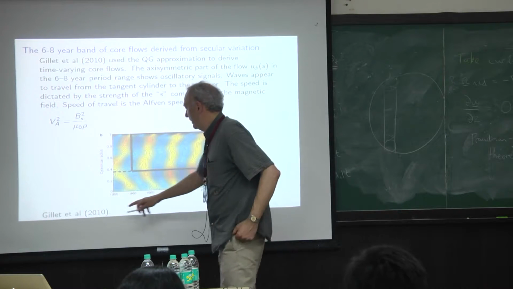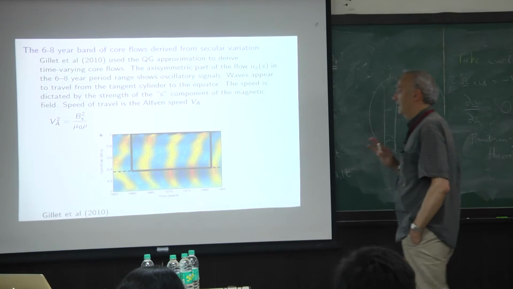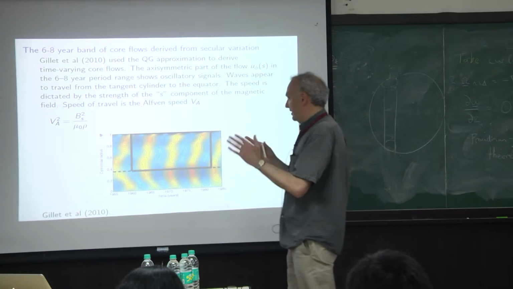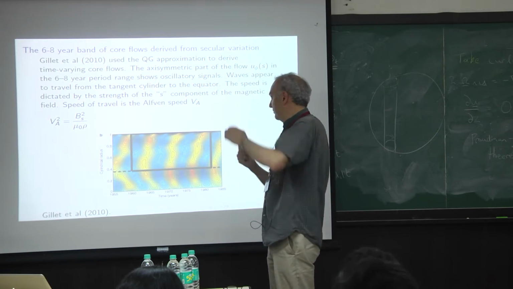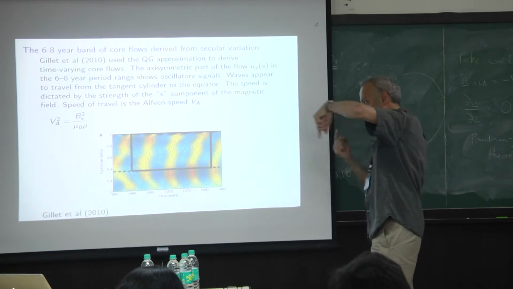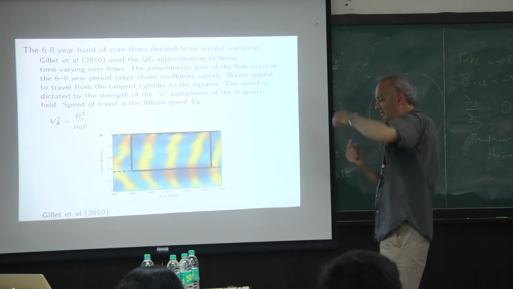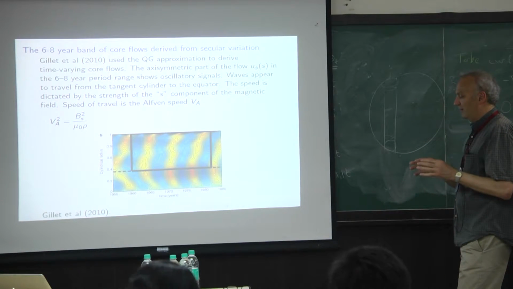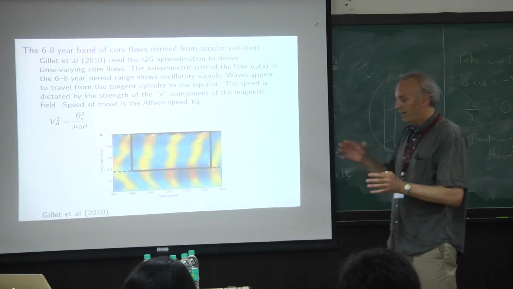So, in a paper in 2010, they filtered the time-varying zonal flows that are responsible for the flows around the rotation axis. They filtered them in the wave band of something like 5 to 9 years.